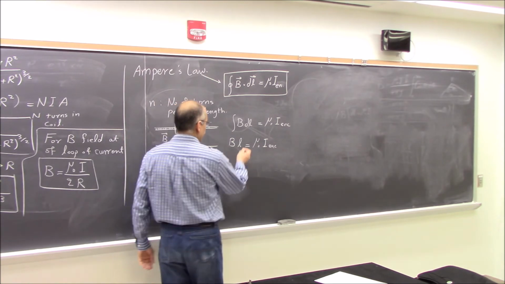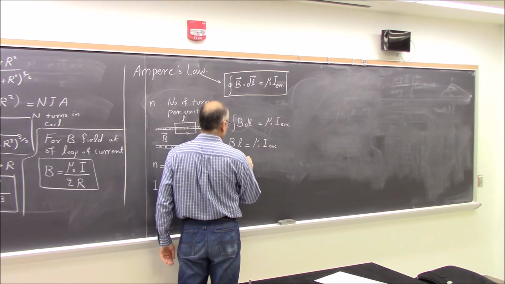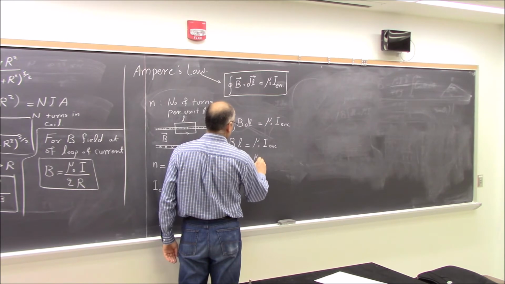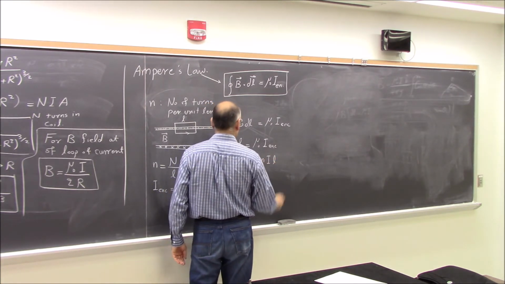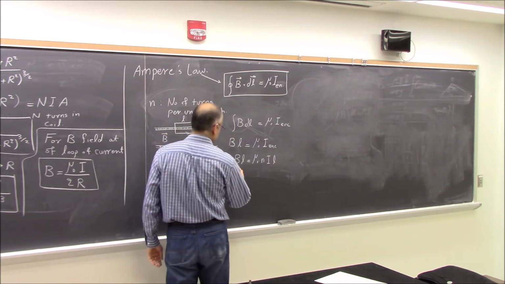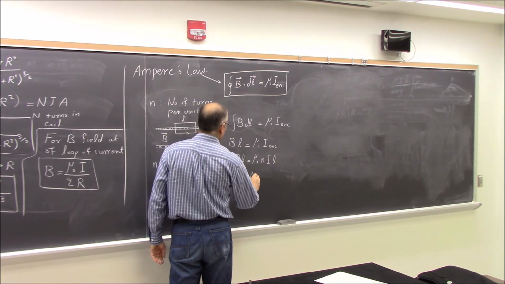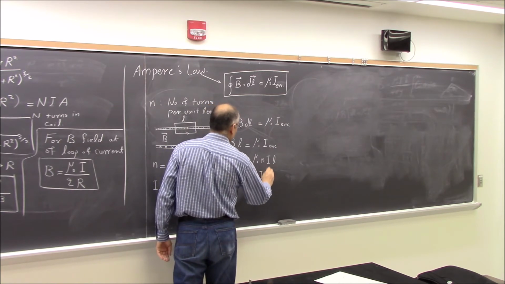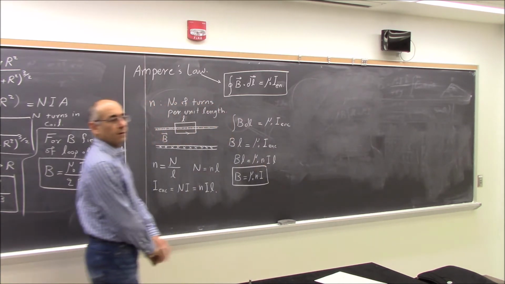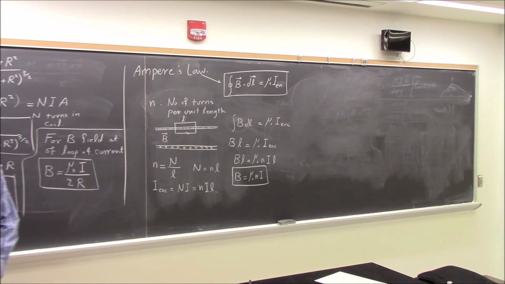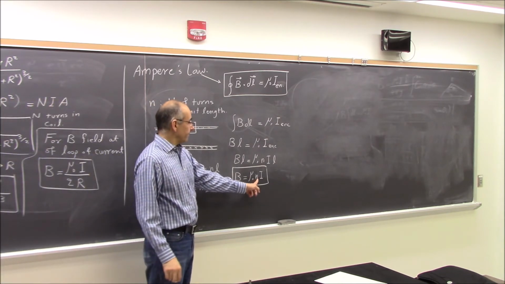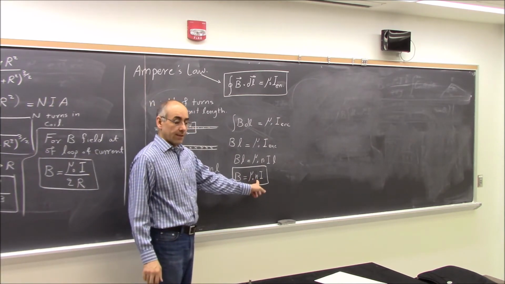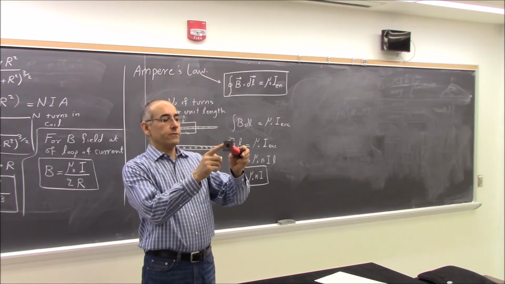And then if you put that in here, B times L becomes mu naught n I times L, and L cancels out, so B becomes mu naught n I. The magnetic field inside the solenoid is given by mu naught times n times I. n is usually large, like in this one, maybe thousands of turns.